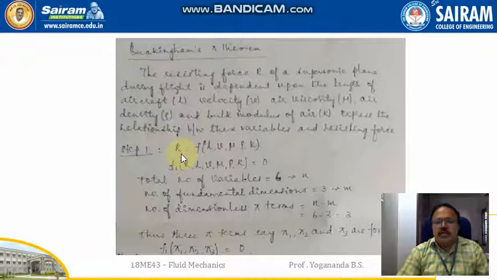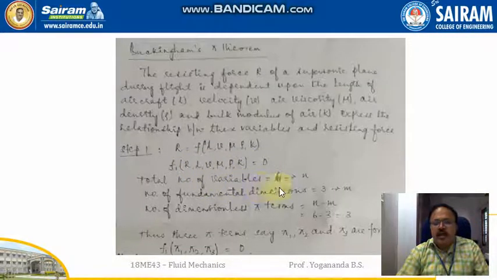Now, the resisting force R of the plane depends on these five variables, that is the length of the aircraft L, velocity of the aircraft V, air viscosity mu, air density rho and bulk modulus K. So the same relation will be rewritten like this: F1 of R, L, V, mu, rho, K, that is six variables here, equated to 0.